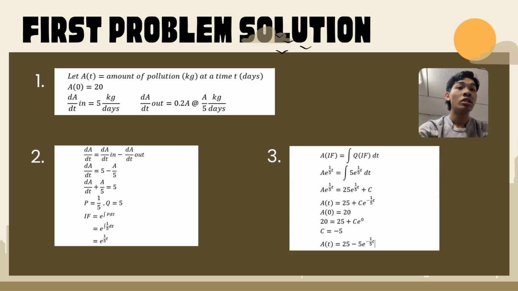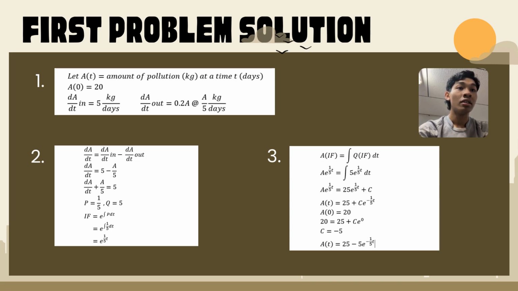So we substitute the integrating factor and the value of Q. It will be A times exponential 1 over 5t equals the integral of Q, which is 5, times exponential 1 over 5t dt, and we will get the result of the integration, 25 exponential 1 over 5t plus c.